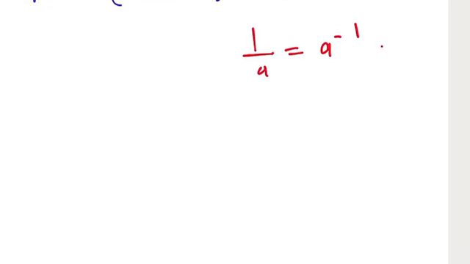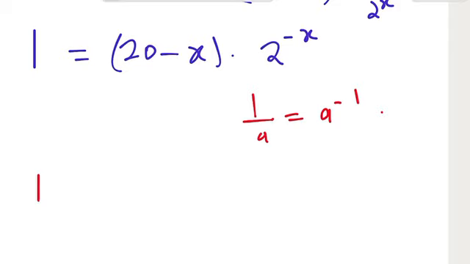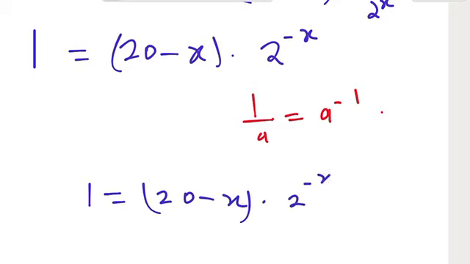Okay, so from there we're going to have 1 equals 20 minus x, then multiply by 2 to the power of minus x.